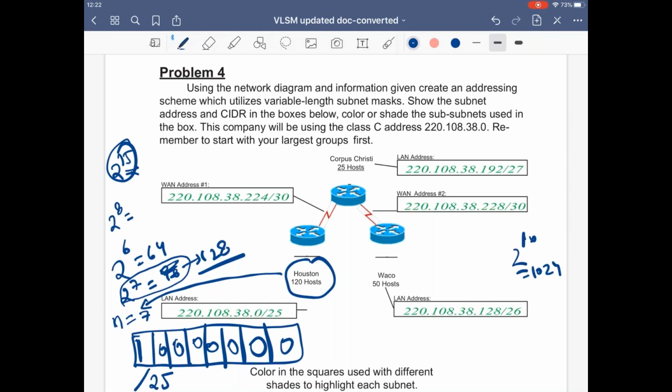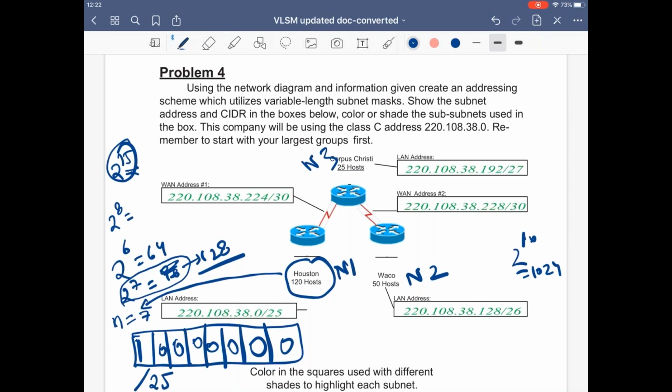For network 2, next we go to 50 hosts. For 50 hosts, 2 to the power 6 is more than 50, so we need at least n equals 6. The first 2 bits are 1 and the last 6 bits are 0. The IP address range is 64.